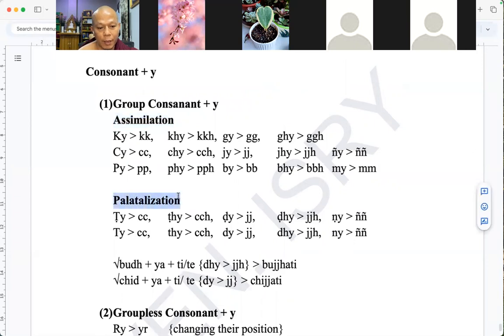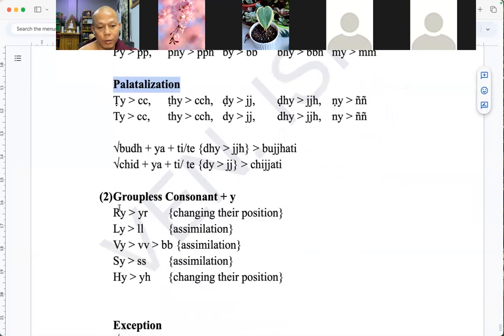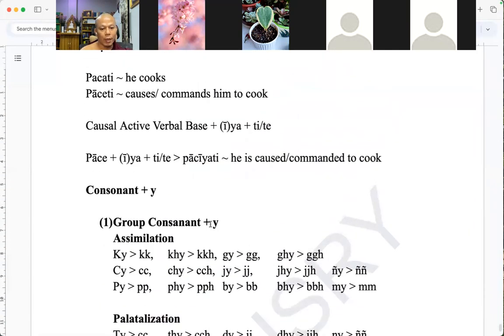Another group is palatalization. And also another here, all of them are just assimilation. And the other one is changing their position. Altogether, only three. And the easiest way to remember is that ya assimilates to the ending consonant.